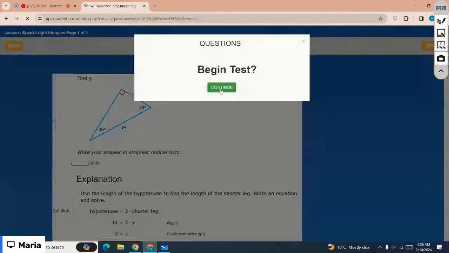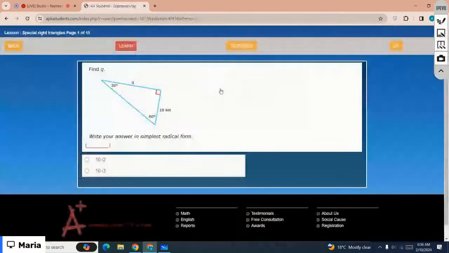Okay, find q. That is a 90, 60, 30 triangle.